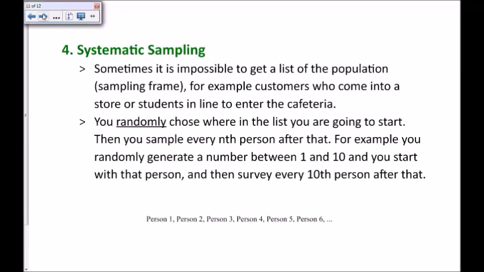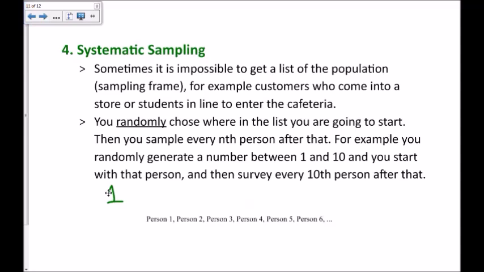So for example, you randomly generate a number between 1 and 10. And you start with that person. So if I randomly generate a number between 1 and 10, and I happen to get the number 1, then I will start with the first person. Whatever number I randomly generate, I start with that person and then survey every 10th person after that, or every 8th person after that. And that goes as long as it needs to go for me to get the sample that I need.